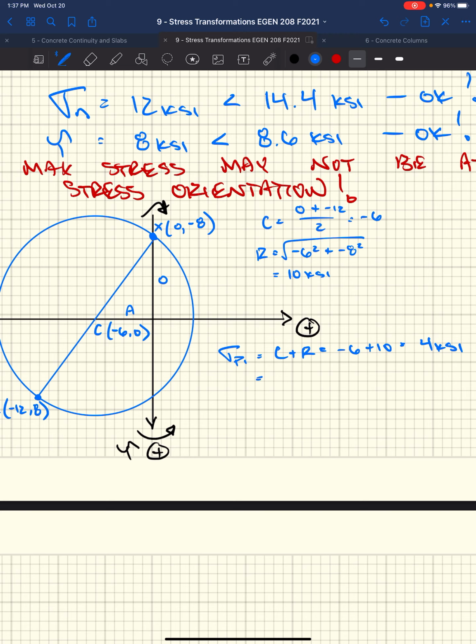We also have our minimum principal stress, or sigma P2. It's the center minus the radius. So we get -6 minus 10. Well, that is -16 KSI. And we know that our radius is our maximum in-plane shear stress, right? And that equals 10 KSI.